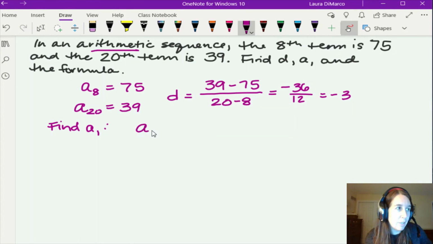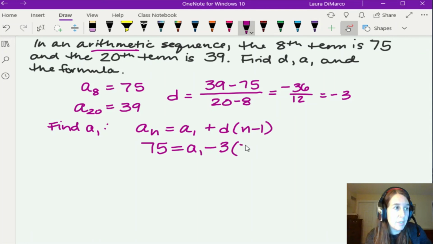You know that the formula is a sub n is equal to a sub 1 plus d times n minus 1, right? And I know I could use a sub n being the 8th term. Okay, so I could say 75 is equal to a sub 1. I know d is -3, so -3 times 8 minus 1, talking about the 8th term.